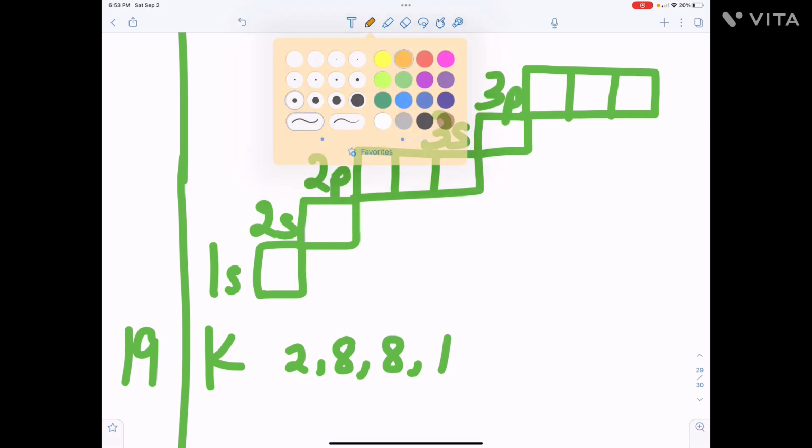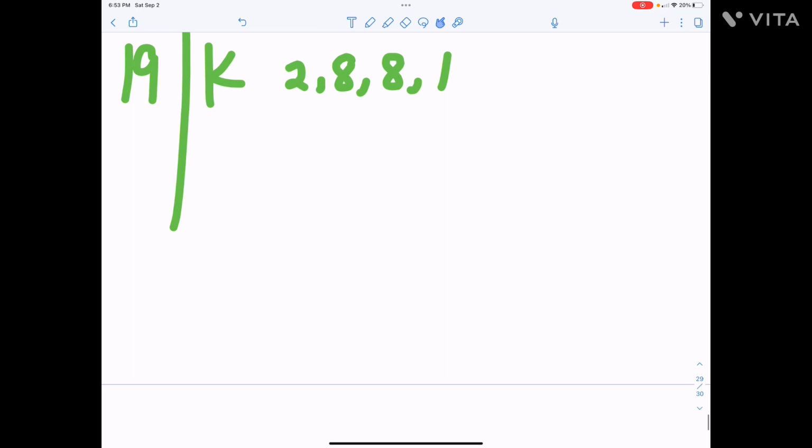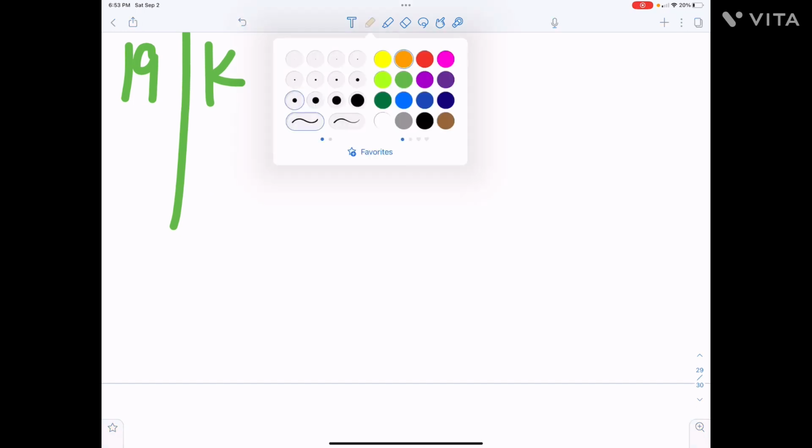So the electrons are 1s2, 2s2, 2p6, 3s2, and what? It should have been 1, 2, 3, 4, 5, 6. Okay, that's right.